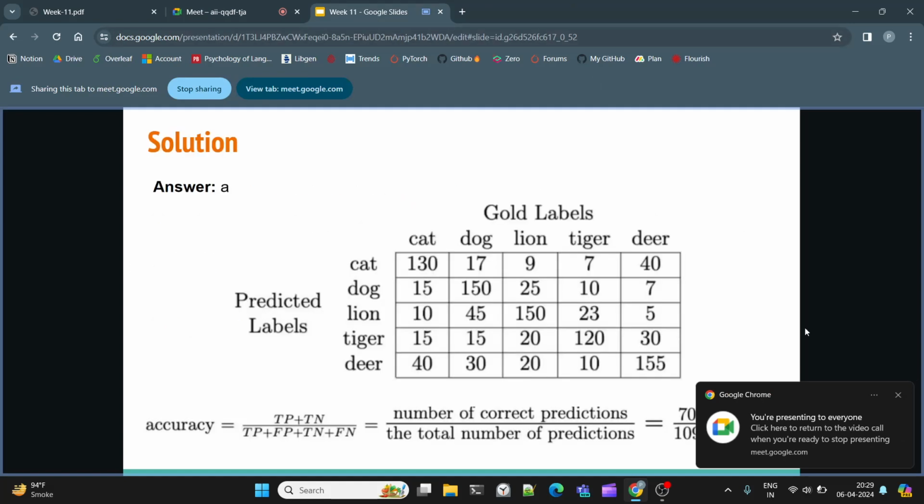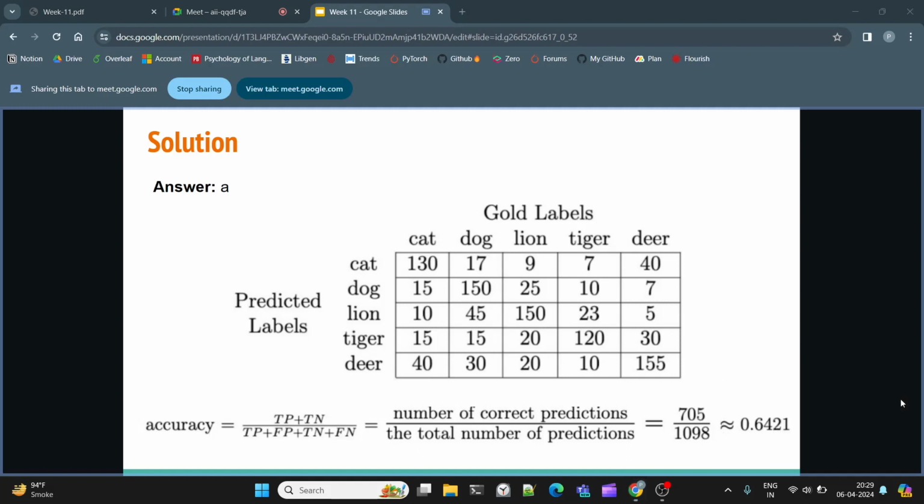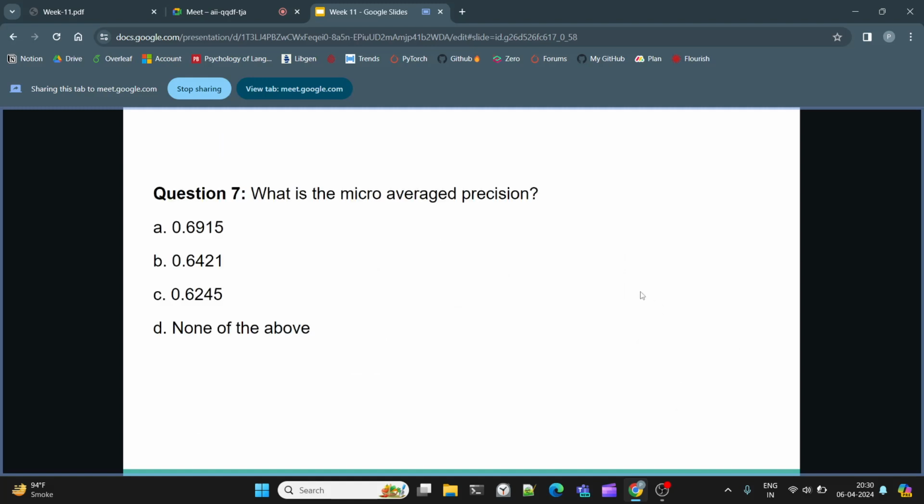Ma'am, in the same way, we will calculate all the measures like precision, accuracy. We have been asked about the micro and the macro. The same process will be followed. Yes, and it would be on the basis of their formula. But it would be mentioned.